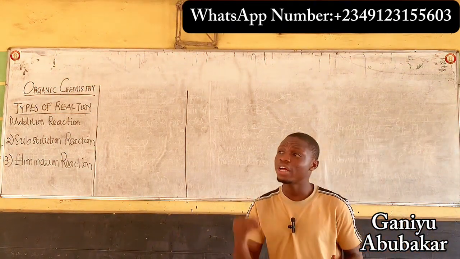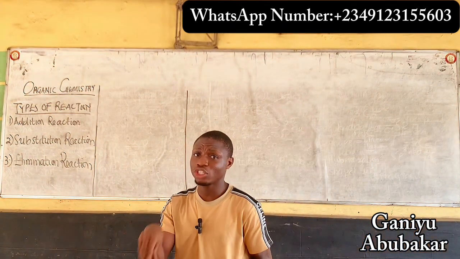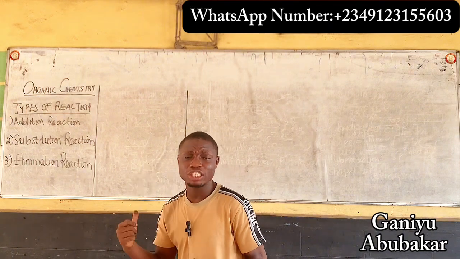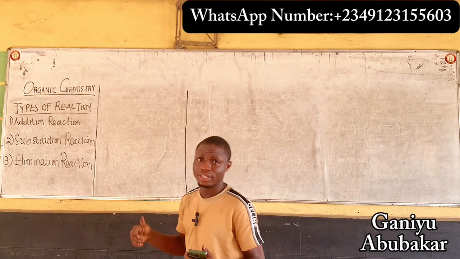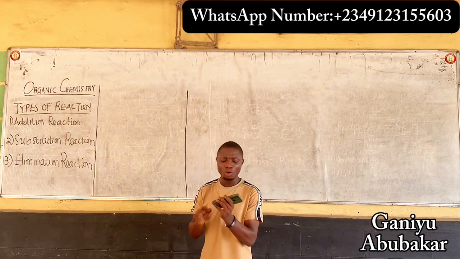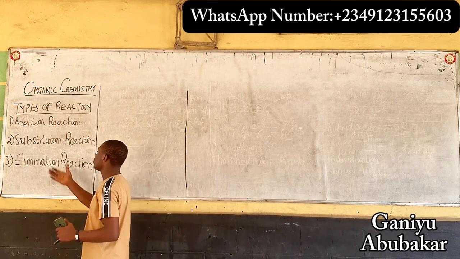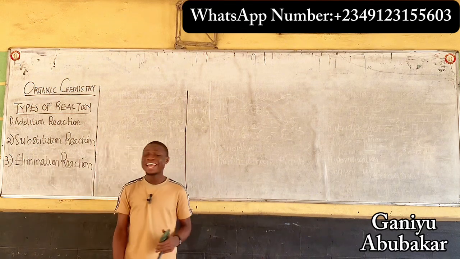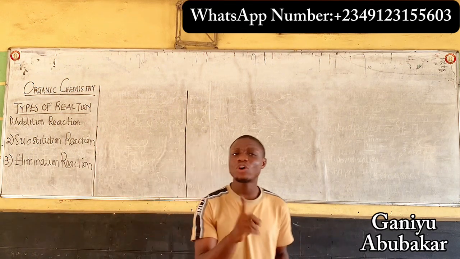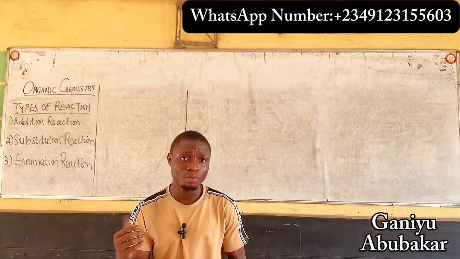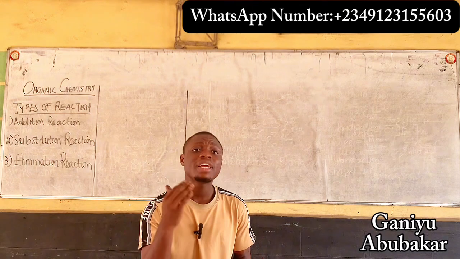How do you spot out addition reaction? How do you identify elimination and substitution? Let's look at how to easily identify them. You can only identify them by looking at them one after the other. Let's start with the first one.